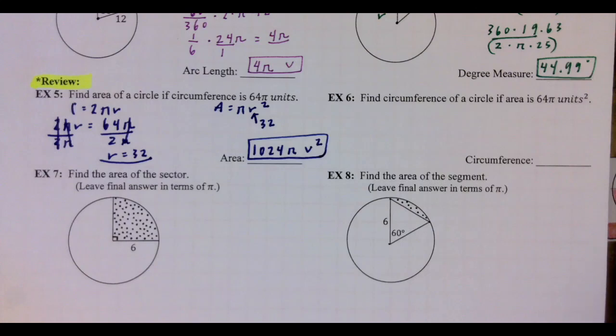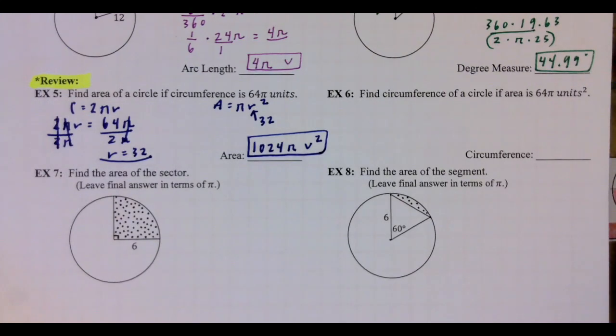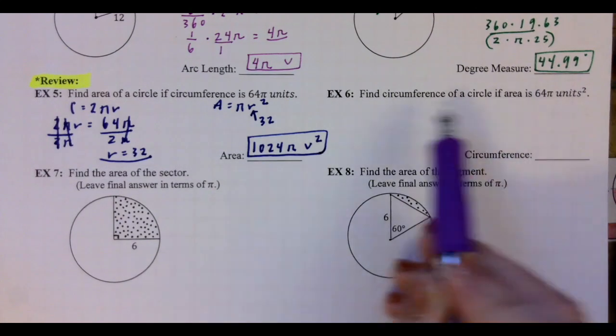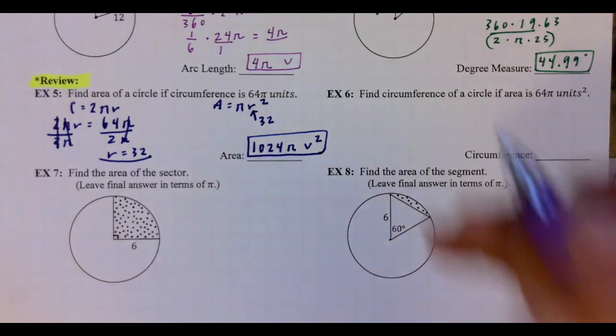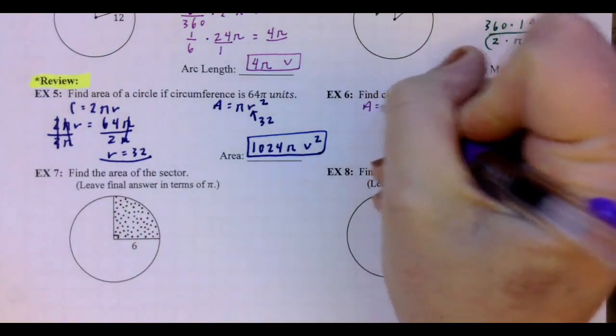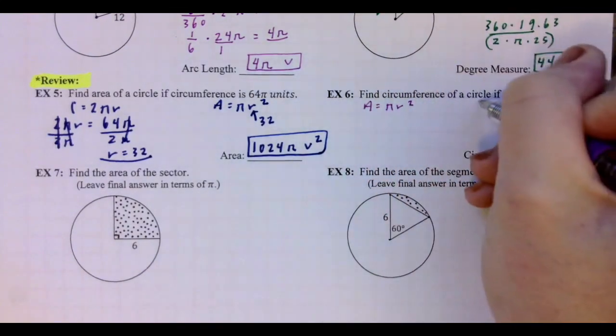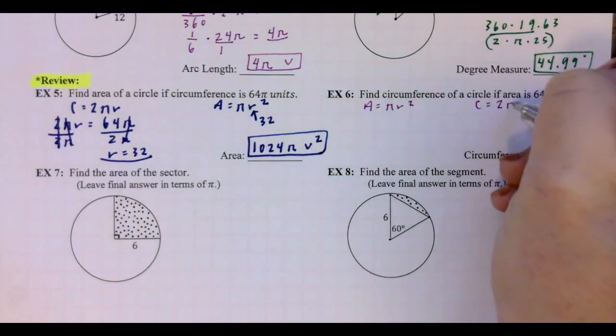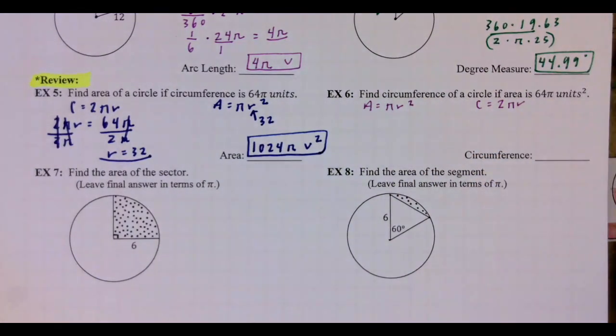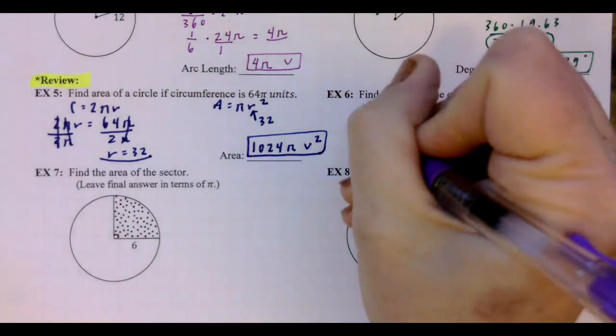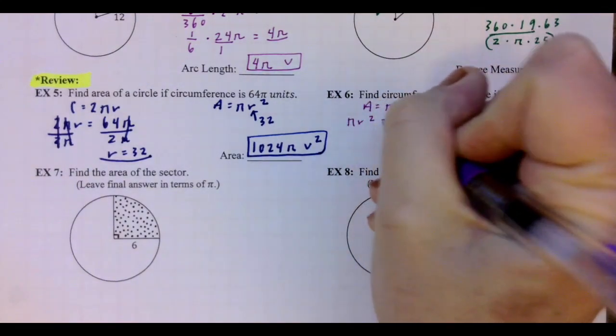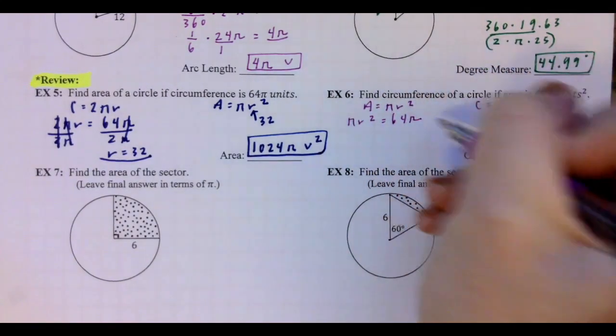Okay, if I go the other direction, if we start with area, can we figure out circumference? So area again is pi r squared. We want circumference, 2 pi r, right? So I need to figure out my radius. So pi r squared equals 64 pi.